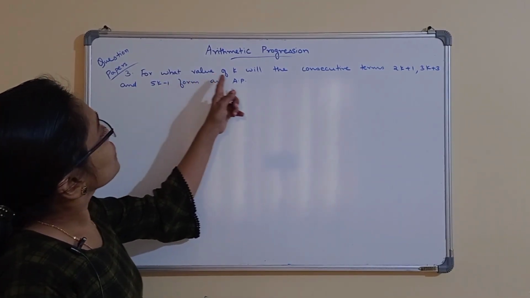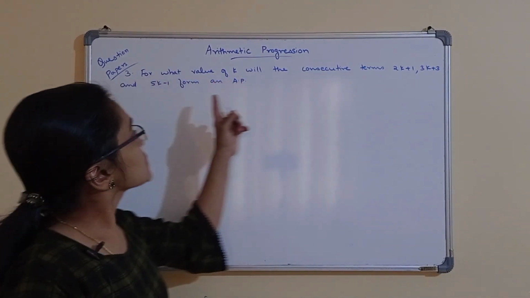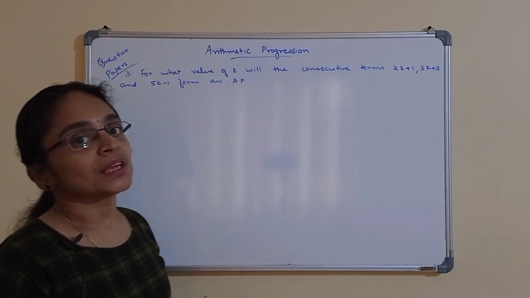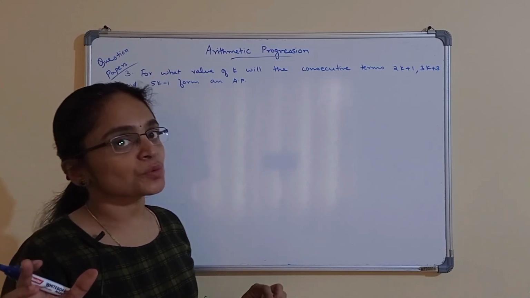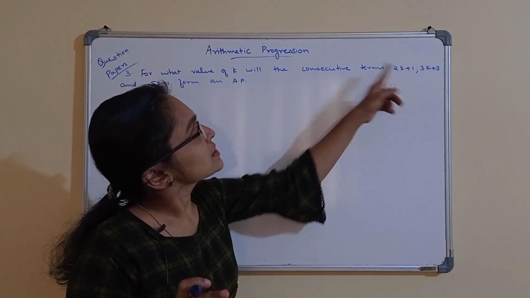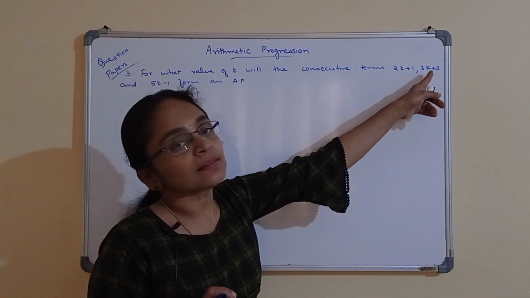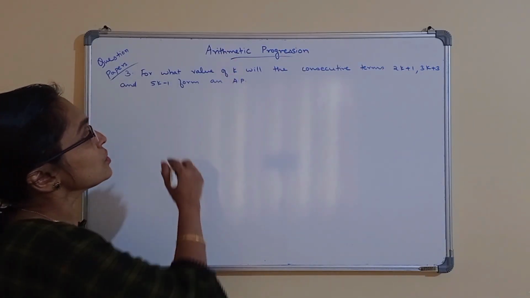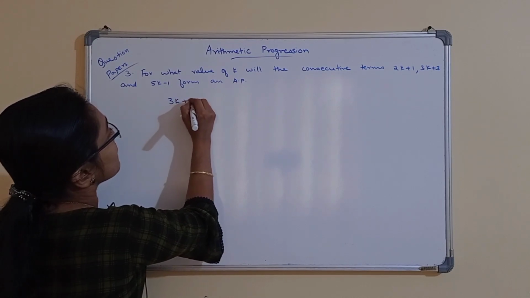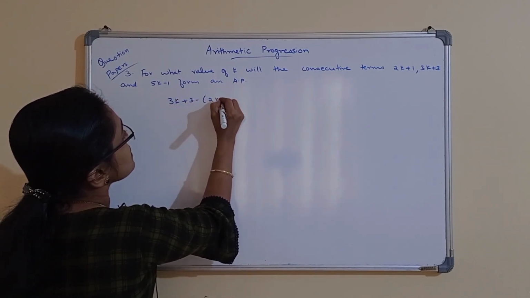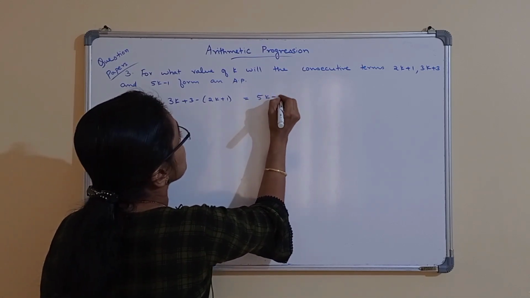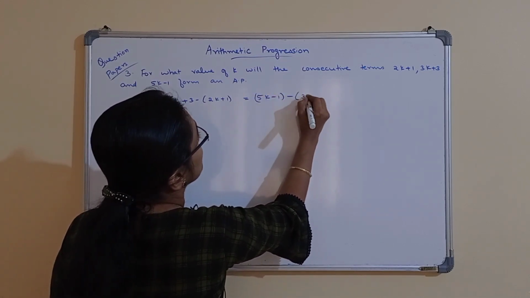Next one, for what value of k will the consecutive terms 2k plus 1, 3k plus 3 and 5k minus 1 form an AP? So, common difference should be same, right? Second term minus first term should be equal to third term minus second term. So, 3k plus 3 minus (2k plus 1) should be equal to 5k minus 1 minus (3k plus 3).